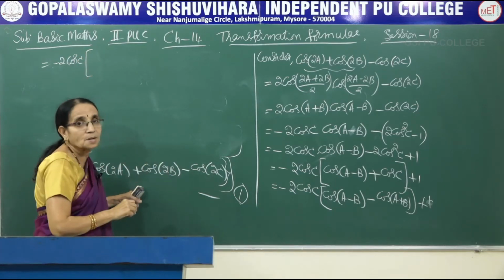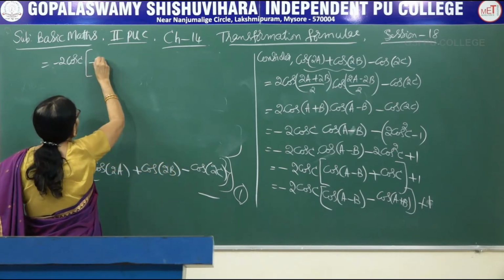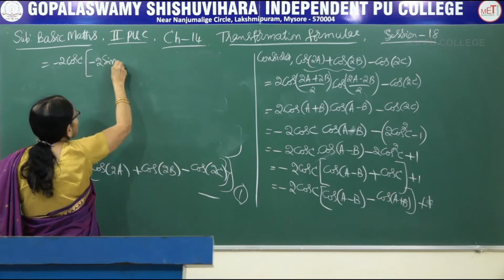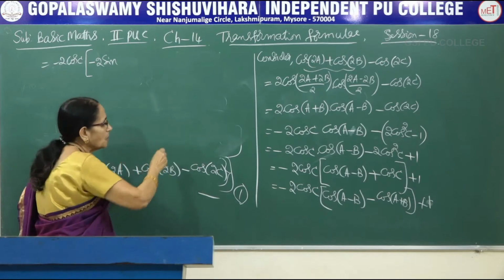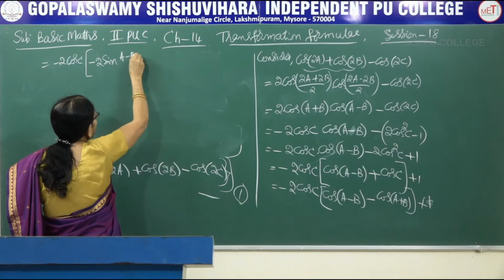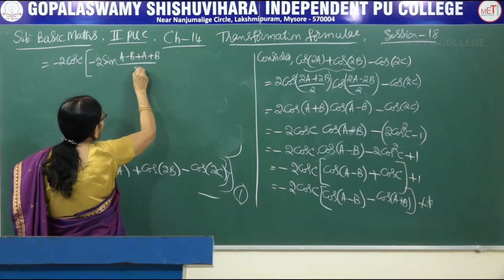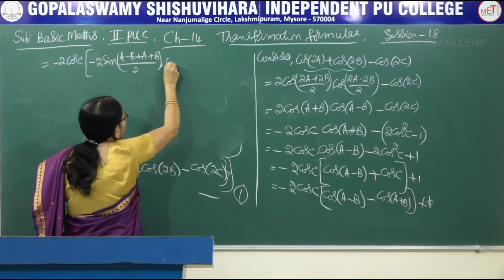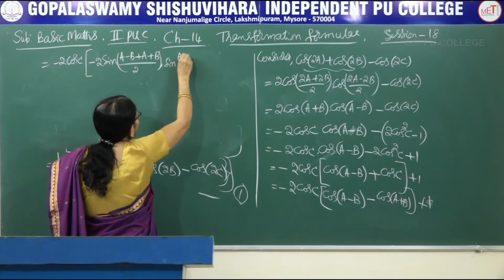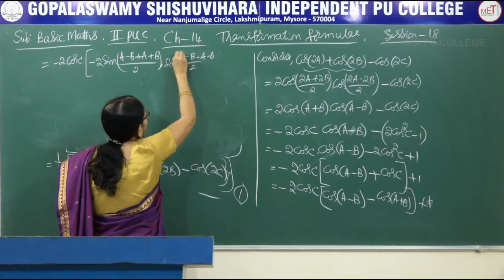Which formula does it resemble? Cos of C minus cos of D. So we have minus 2 times, I am converting that into a product, minus 2 times sin of (C plus D) by 2, that is (A minus B plus A plus B) by 2, into sine of (C minus D) by 2.